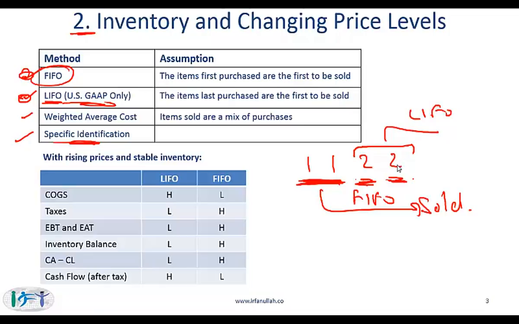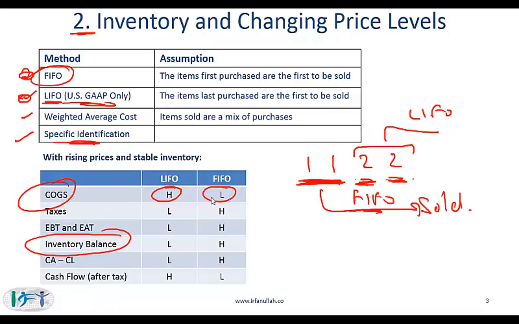So what is the impact on COGS and inventory balance of these two methods? When you have this framework in mind, it's very simple to understand what's going on. With FIFO, your COGS is going to be low. So that's given over here. So when we say low high, we are comparing FIFO COGS and LIFO COGS.